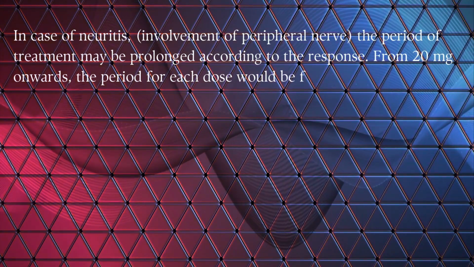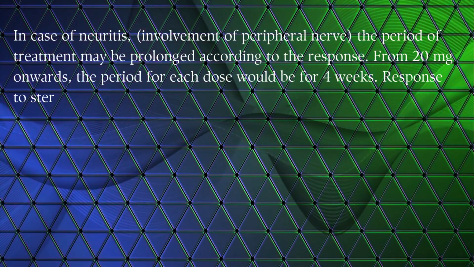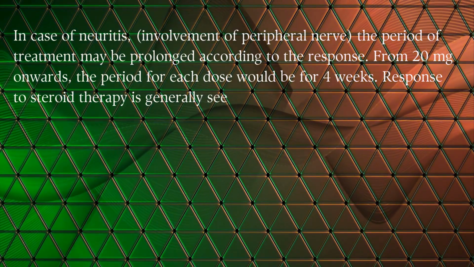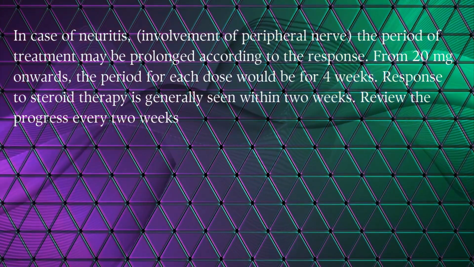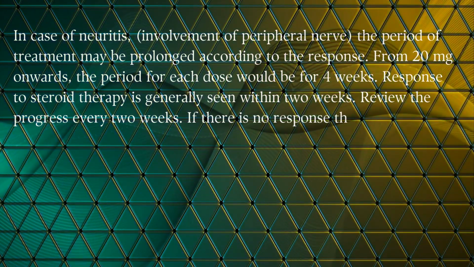In case of neuritis, involvement of peripheral nerve, the period of treatment may be prolonged according to the response. From 20 mg onwards, the period for each dose would be 4 weeks.